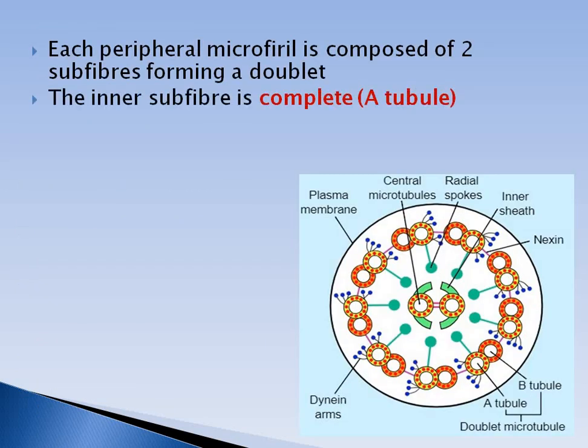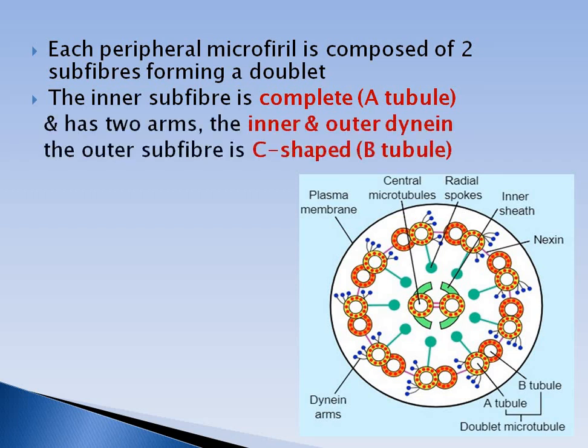Each peripheral microfibril or microtubule is made up of 2 subfibres, so that is called a doublet. As you can see in this figure, each doublet consists of 2 microtubules. One microtubule or one subfiber is complete and the other one is C-shaped or incomplete.